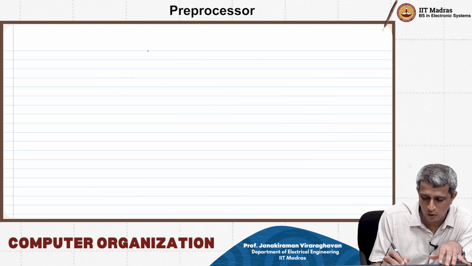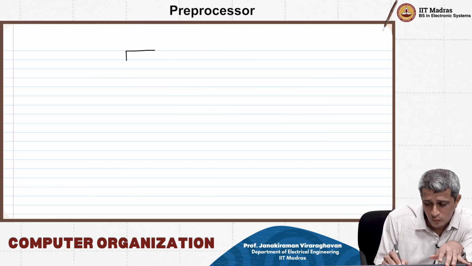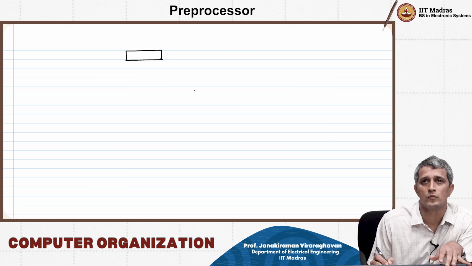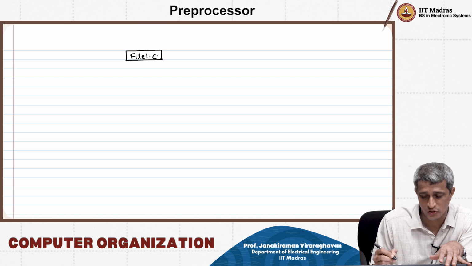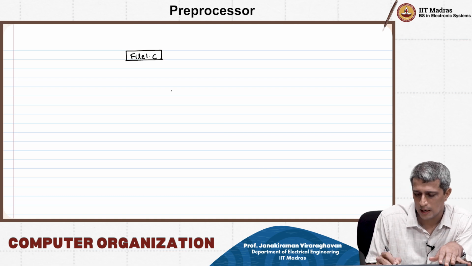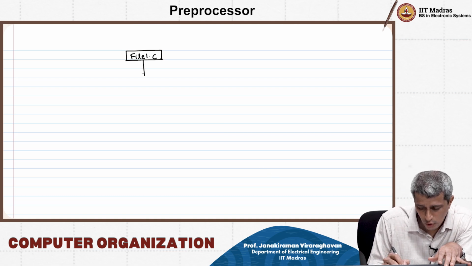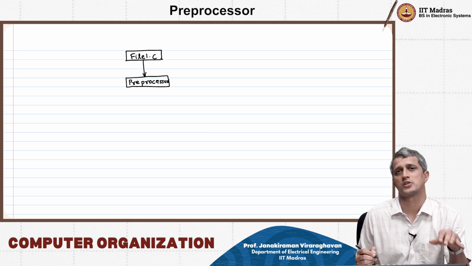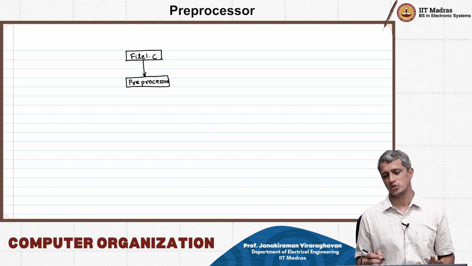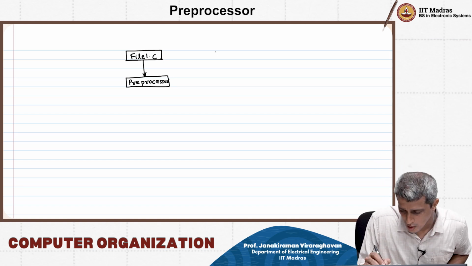Okay, so when you give a C file, right, you give file 1.c, okay, the first thing that happens is preprocessor. Okay, there's something called a preprocessor. We'll see what that is now.